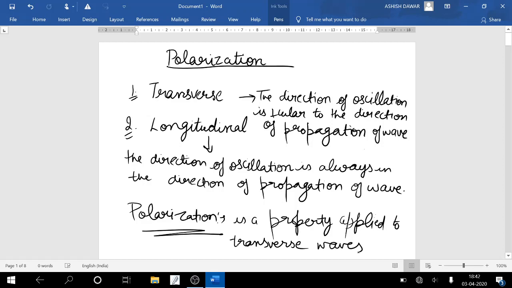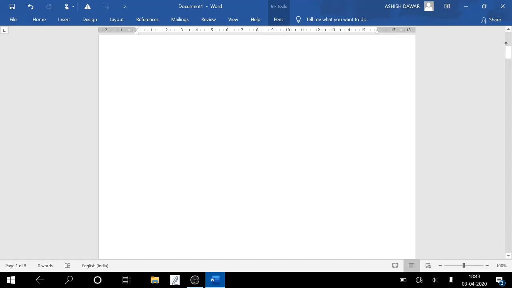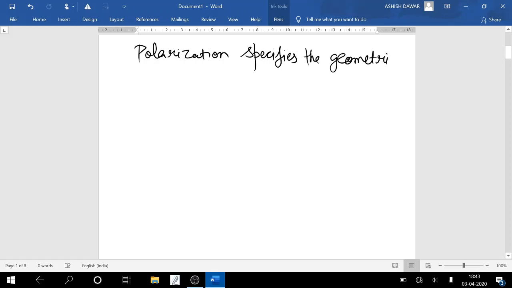Okay, so polarization specifies the geometrical orientation of the oscillations.